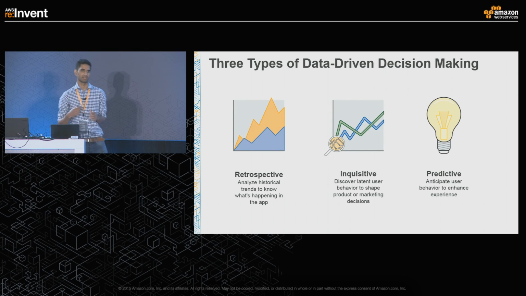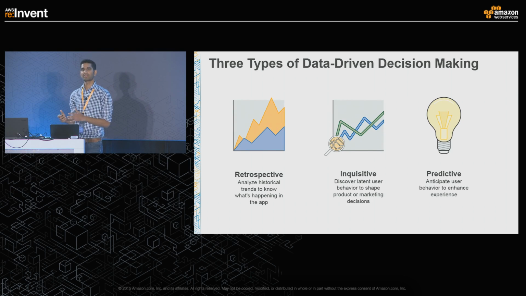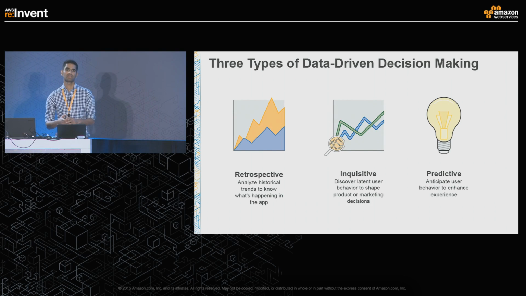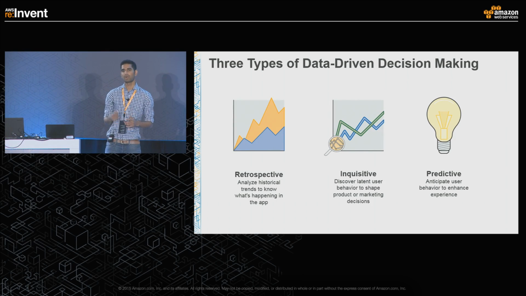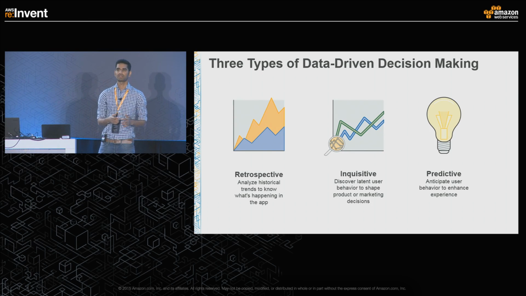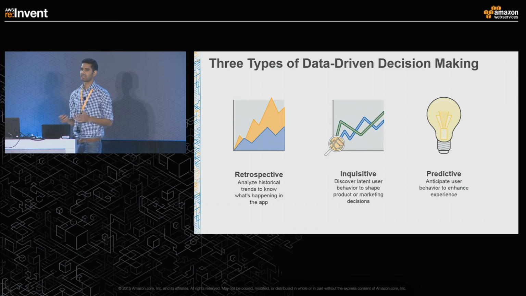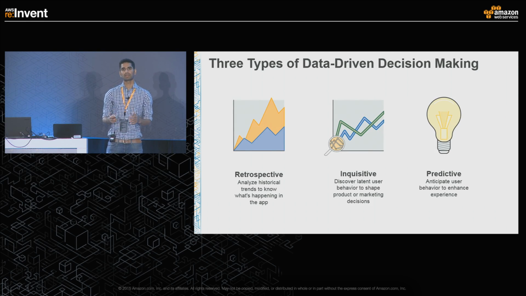their data-driven decision-making. The first one, or the first stage, as we call it, is the retrospective stage or retrospective analysis. Here, what customers or businesses are trying to do is answer one key question, which is, what has happened in the business? They do it by analyzing data, by looking for those macroscopic trends or patterns in the data.